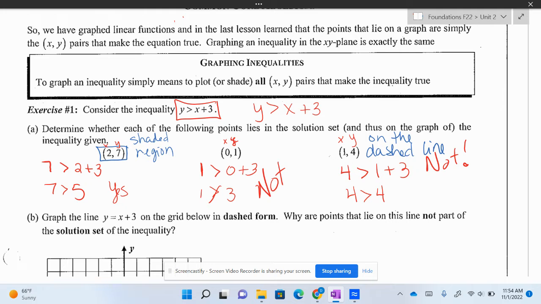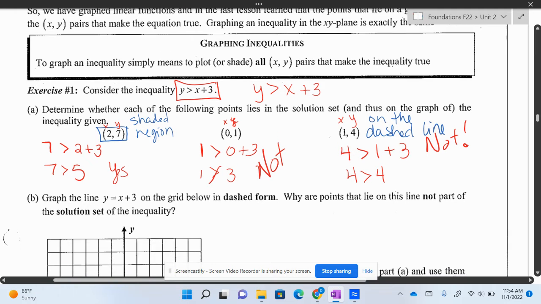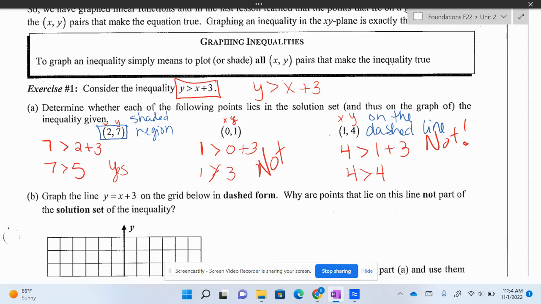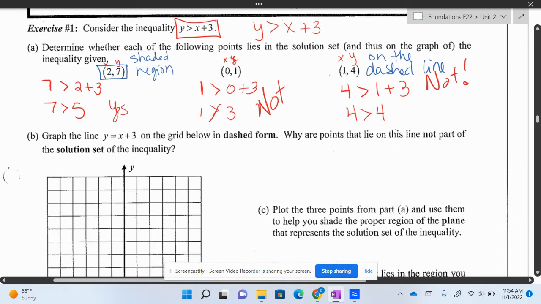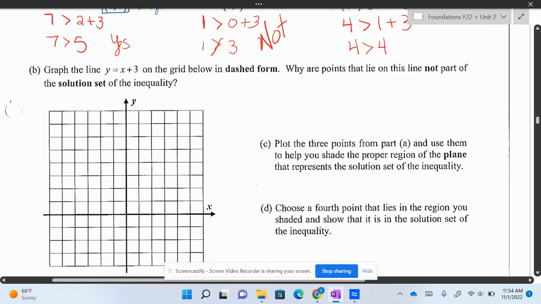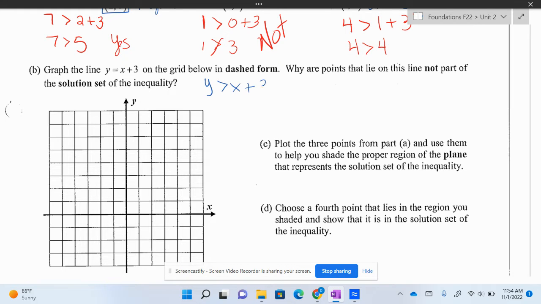But since it's not the greater than or equal to symbol, that tells me that point would be right on the dashed line. And it's going to be a dashed line because we're using greater than instead of greater than or equal to. So now it says graph the line y equals x plus 3 on the grid below in dashed form, because we really know that it's this inequality.